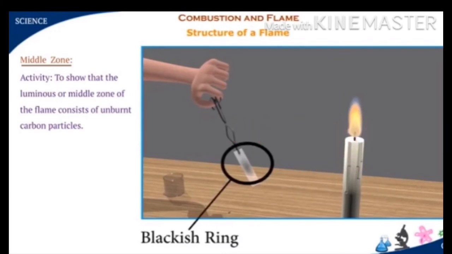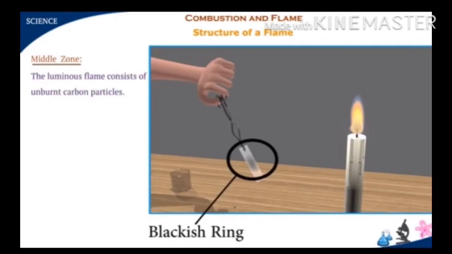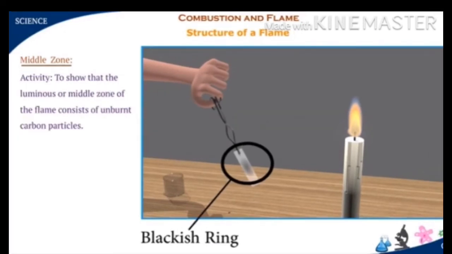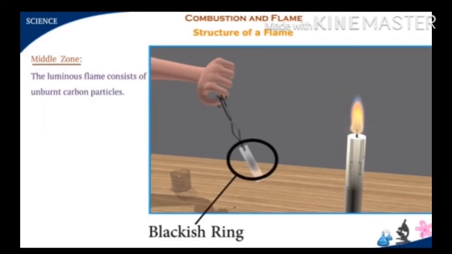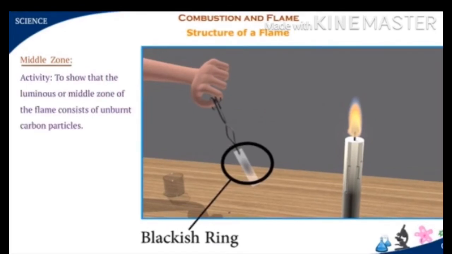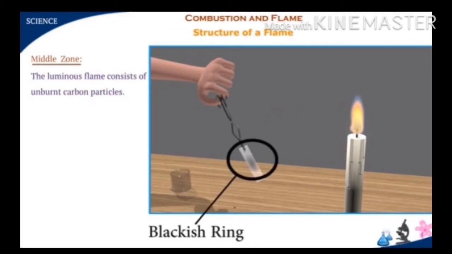Yes. A circular blackish ring is formed on the glass slide. It indicates the deposition of unburned carbon particles present in the luminous zone, that means middle zone of the flame.